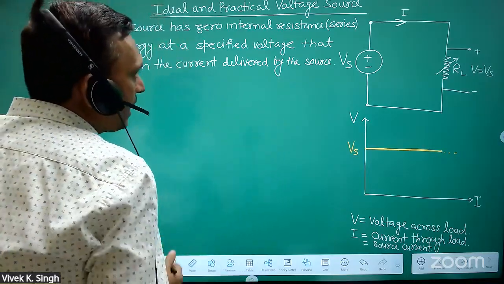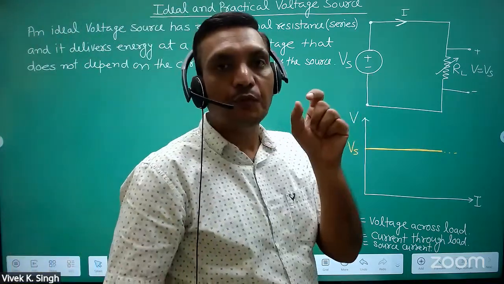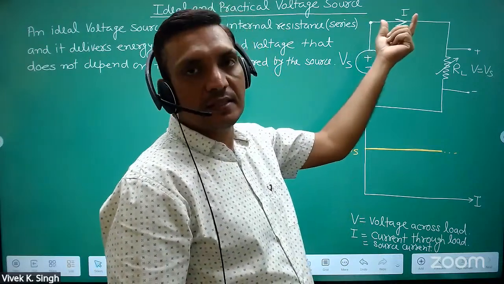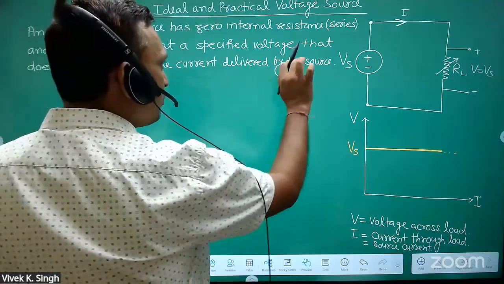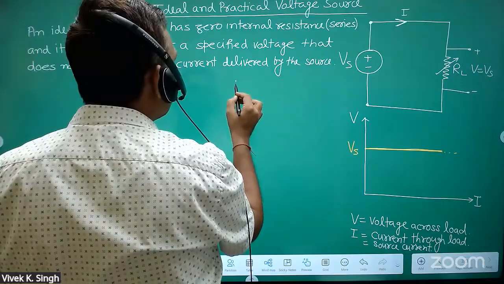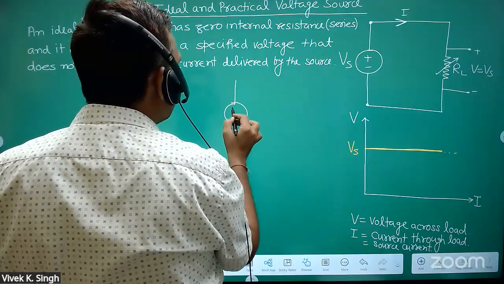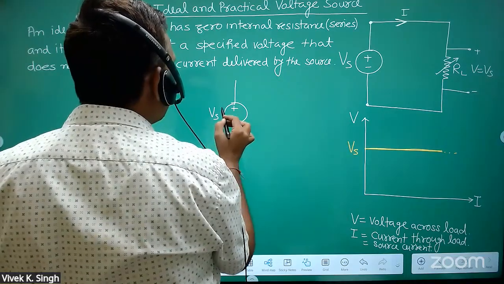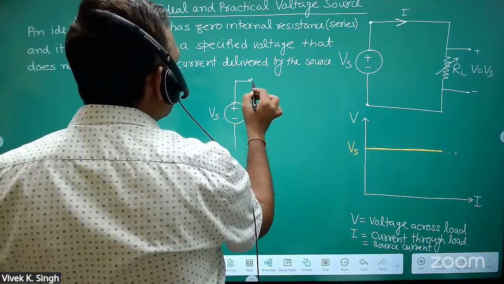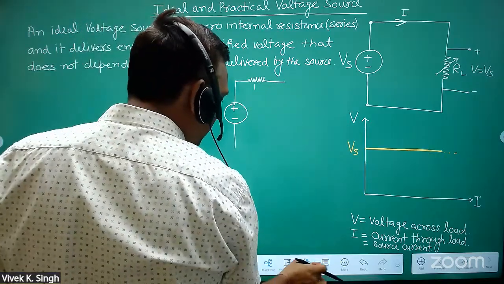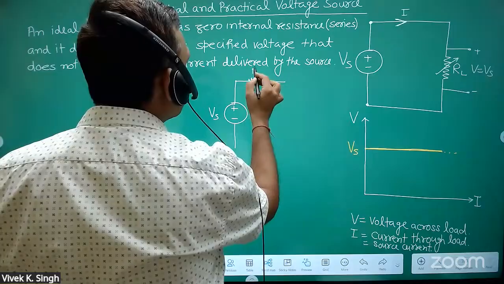Just see, practical situation, there is a very small internal series resistance. This is for ideal case. Now let's draw for practical case. In a practical situation, this is Vs. Now there is a very low series resistance. Let's call it Rs.